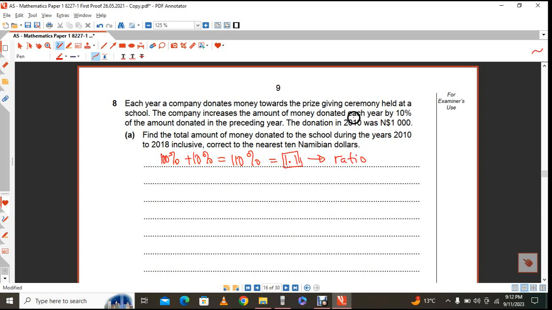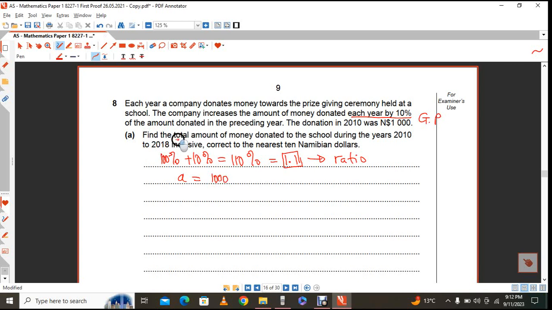So that 10% increase clearly indicates a common ratio. Our first term is the donation made the first time, in 2010, which is $1,000.